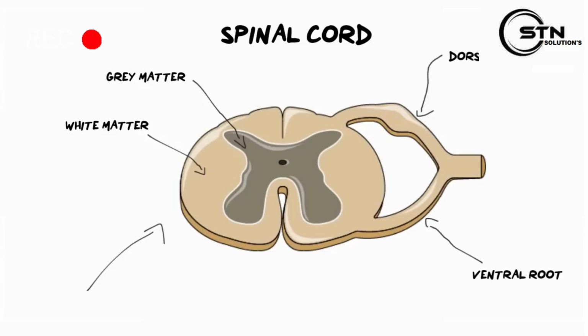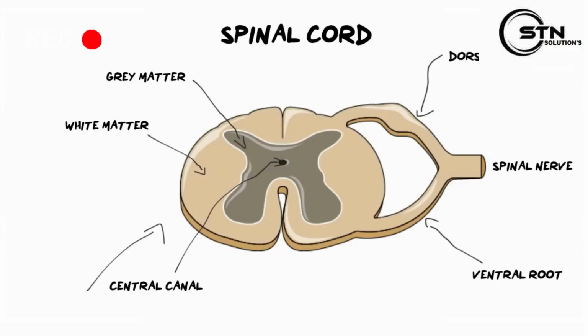I'm also going to tell you why you need to know these slightly later in the video, why it's important for later videos. The hole in the center over here is called the central canal. There is some cerebrospinal fluid in there as well. And then the final thing is this structure coming out of our spinal cord, which is the spinal nerve.